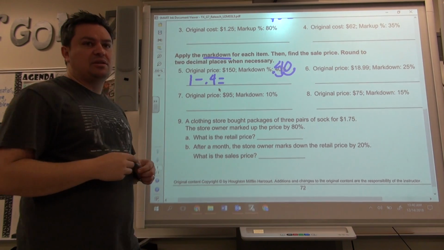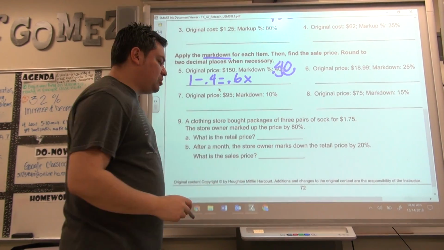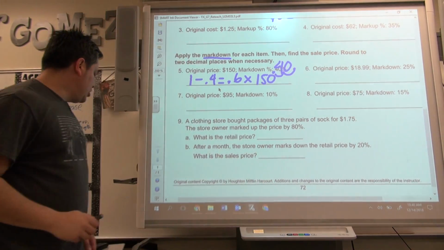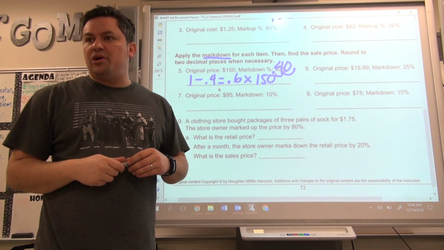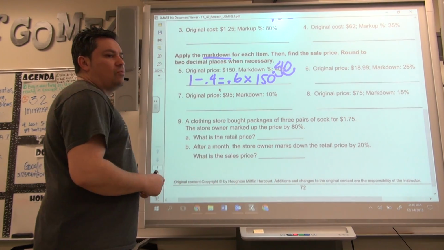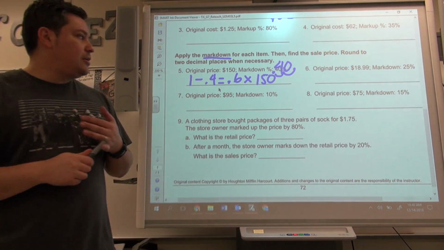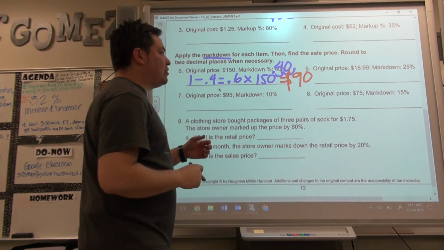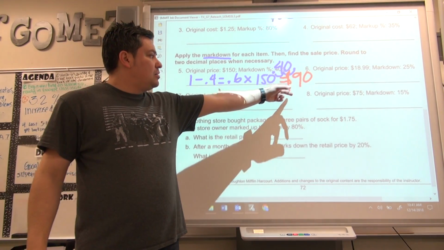Gives you how much? 60 cents. So it's 0.6 times the original amount, which is 150 in this case. What do you get? 150 times 0.6 is $90. So the discounted price is $90. So they lowered the price by $60.